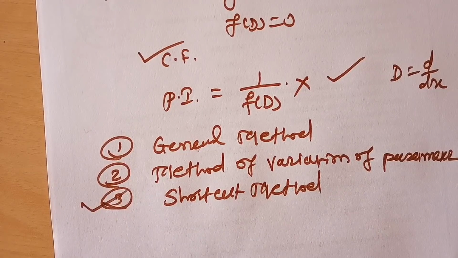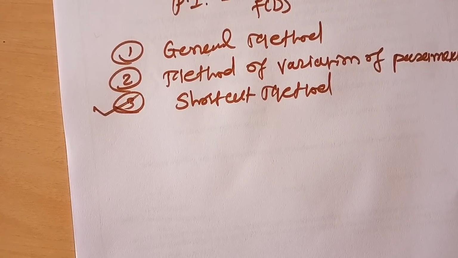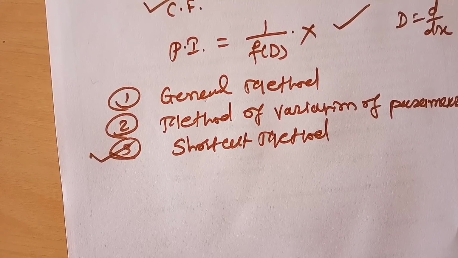Now this shortcut method is somewhat easy, therefore I will go through the shortcut method first, and we will discuss how to find PI by using it. The shortcut method has some limitations. We are not using it for all problems.